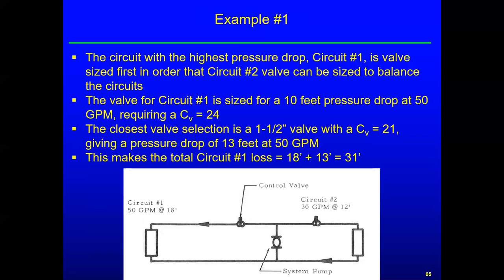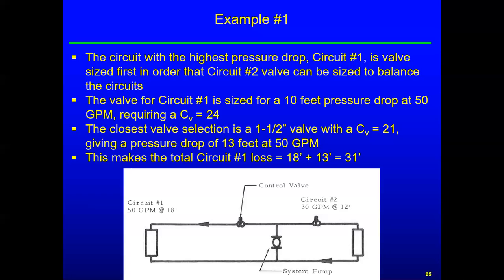In all of this, we're assuming specific gravity is 1, so we're not worrying about that. If you're doing a hot water system, you would need to include the specific gravity in the calculation. But for a chilled water or condenser water system, we're not making the specific gravity correction, so we're going to drop that out.